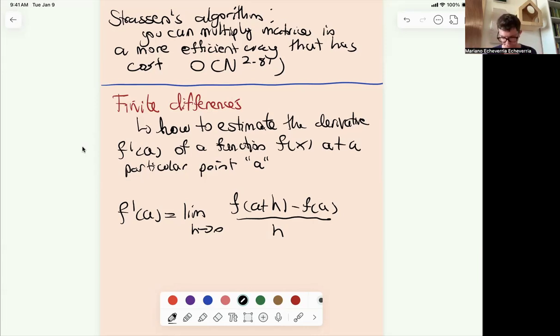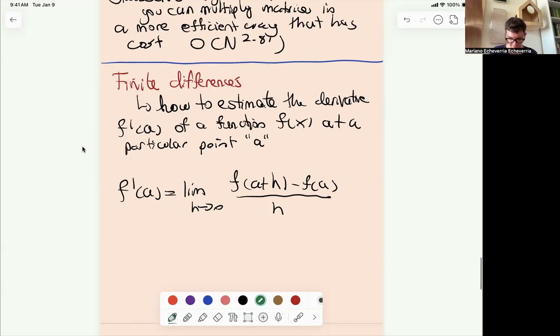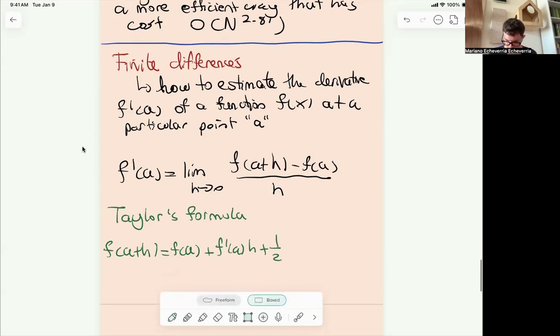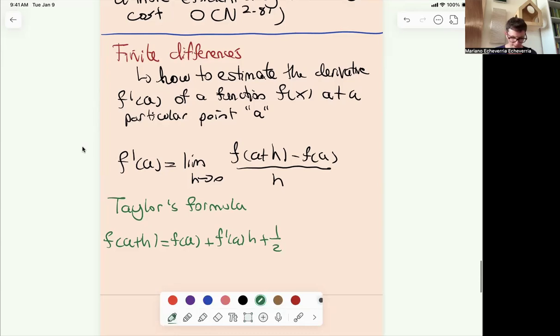So what Taylor's formula says is that f of a plus h is f of a plus f prime of a times h plus one half. I'll just write the relevant terms for my purposes.